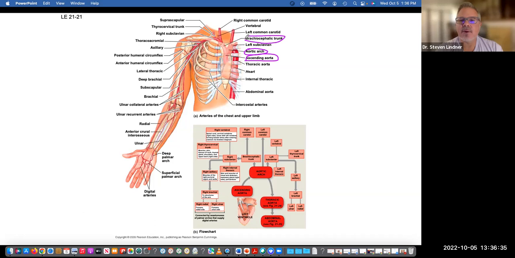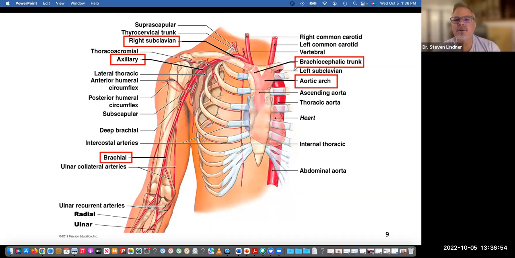So it's from that brachiocephalic that we're going to have the right subclavian and the right common carotid come off of it. So here's the right common carotid, and here's the right subclavian artery.